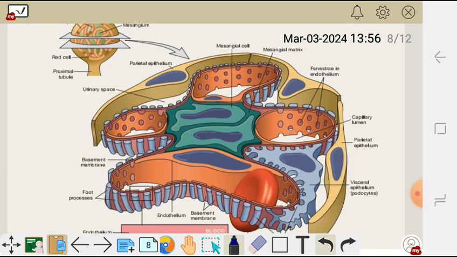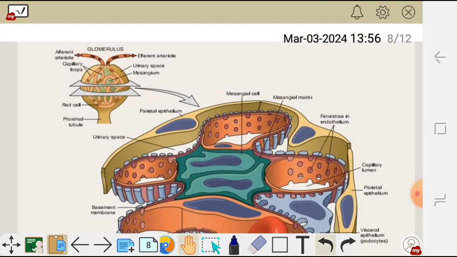In a normal glomerulus, we are going to see this structure here. This is the glomerulus, the structure which filters waste from the blood.